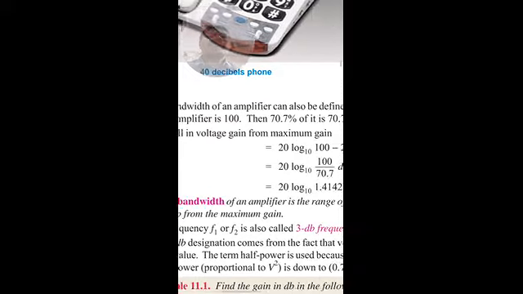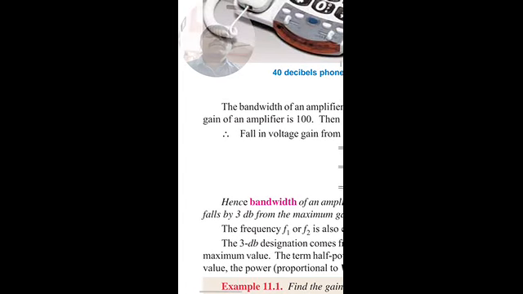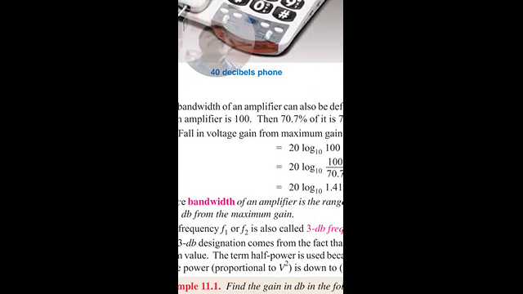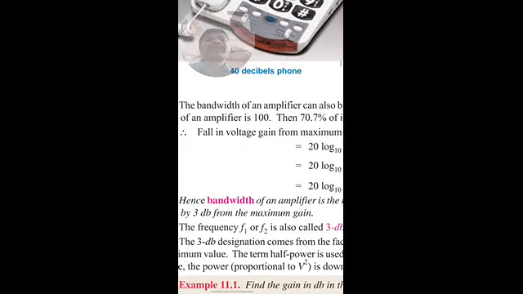The bandwidth of an amplifier can also be defined in terms of dB. Suppose the gain of the amplifier is 100, then 70.7% of it is 70.7.